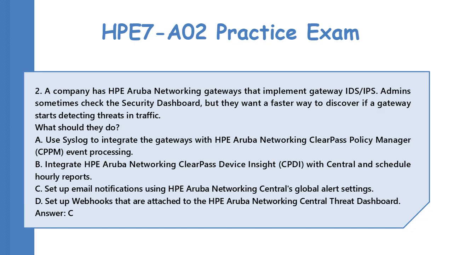B. Integrate HPE Aruba Networking ClearPass Device Insight, CPDI, with Central and schedule hourly reports. C. Set up email notifications using HPE Aruba Networking Central's global alert settings. D. Set up webhooks that are attached to the HPE Aruba Networking Central Threat Dashboard. Answer: C.